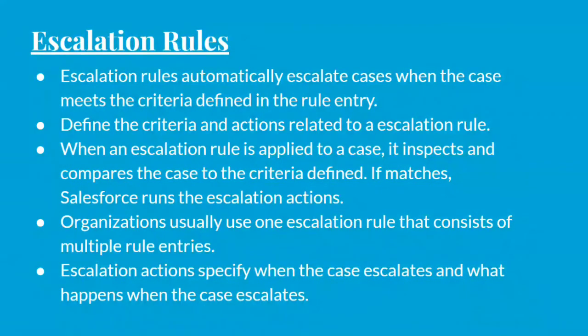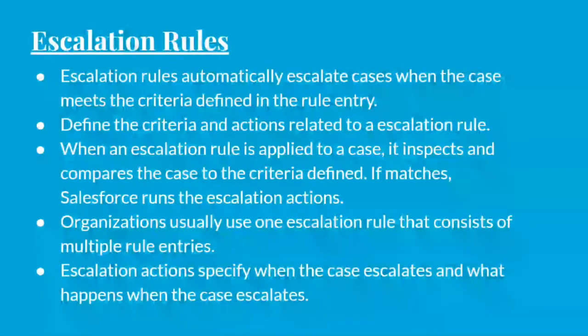Organizations usually use one escalation rule that consists of multiple rule entries. So ideally there is one single escalation rule defined, but you can have multiple criteria. Suppose you have a case where the country is USA and the priority is high, it should route to a particular support team, maybe level 1 support, after 4 hours.